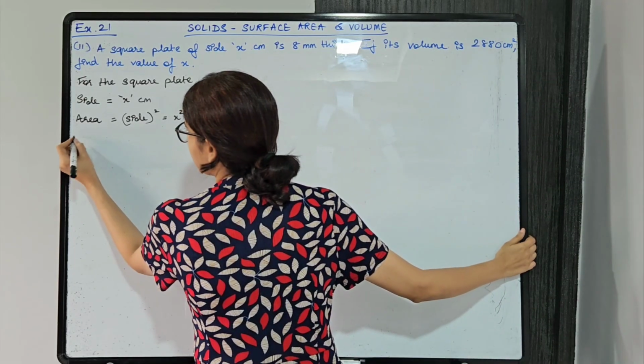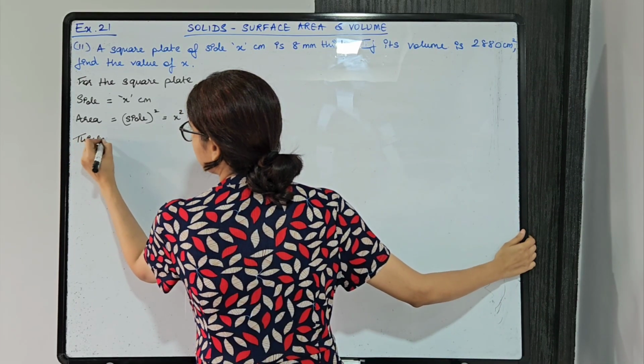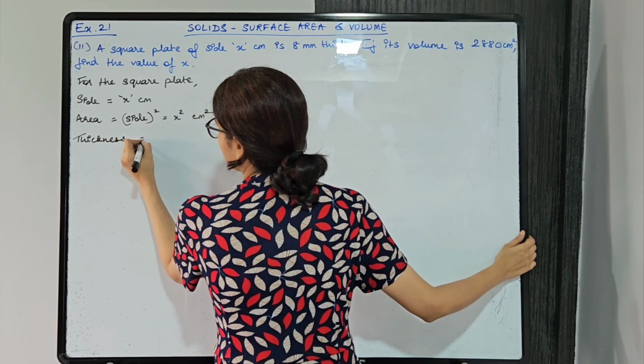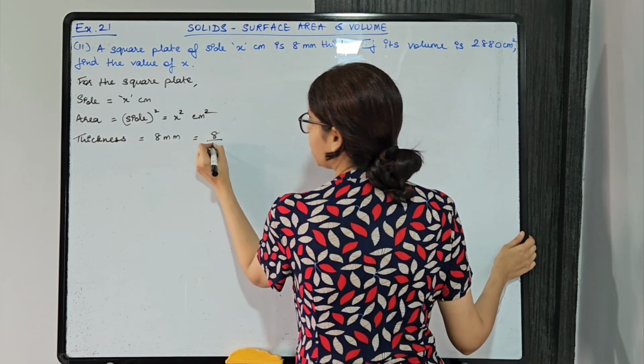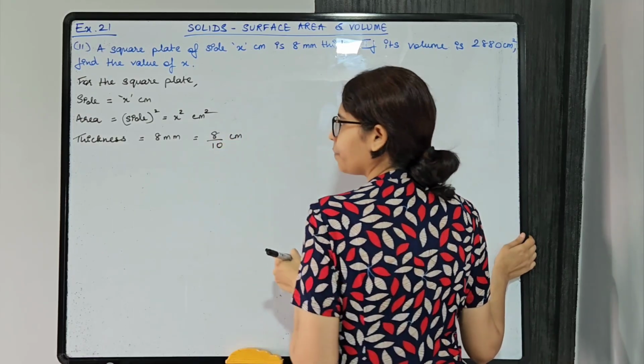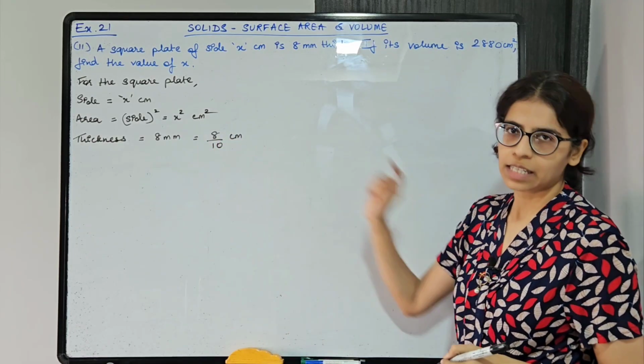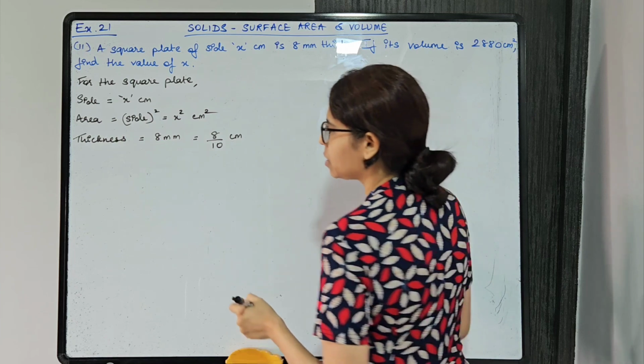So first we'll write down the thickness. So thickness is 8 mm, मिलीमीटर में दिया है, सेंटीमीटर में कन्वर्ट करना है, ठीक है.